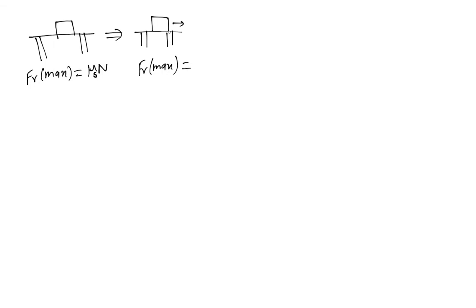So now the maximum friction force is no more mu s times n, but is actually mu k times n. I'm not sure whether the subscript is k or not, but if I remember correctly, the subscript is k. And this is called the coefficient of kinetic friction.